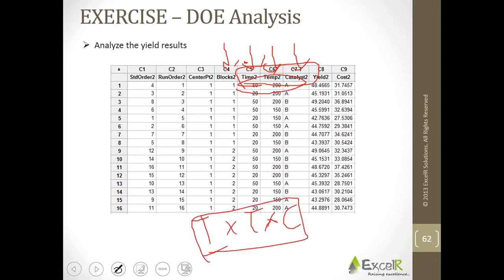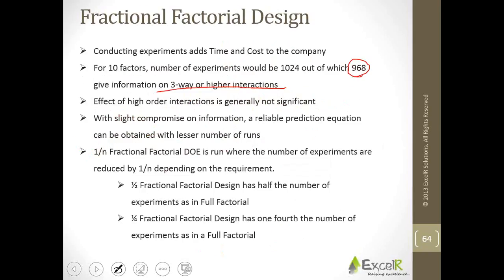This is called as three-way interaction. I combine all 3 and see what is the interaction effect. That means if I use say 50 minutes and use 150 degrees centigrade with the catalyst B, then what will happen? So that is called as three-way interaction or higher interactions.